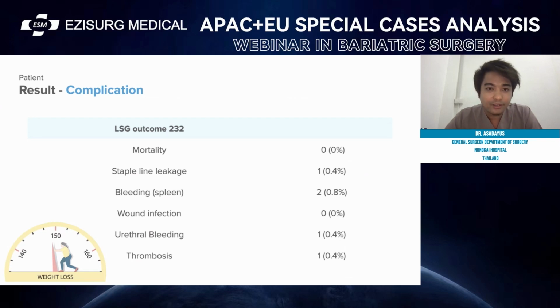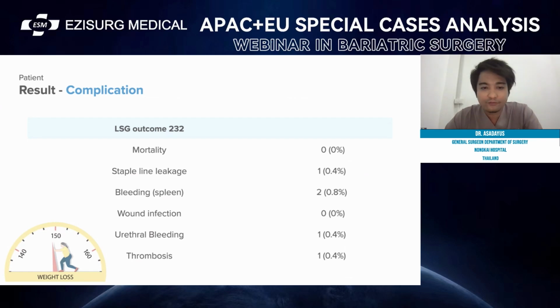About bleeding, there were 2 patients with bleeding, and wound infection in 0, and urethral bleeding in 1 patient. In this case I consulted the urologist to perform a cystoscopy, and they saw bleeding in the urinary bladder, suspected to be from trauma when inserting the urinary catheter.